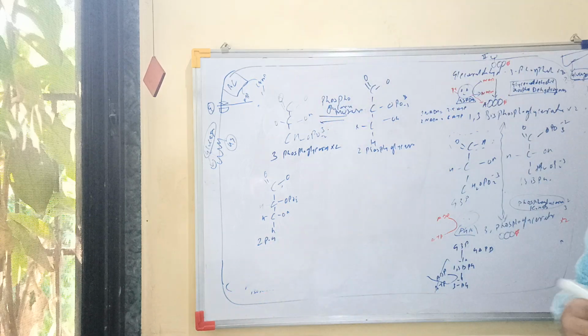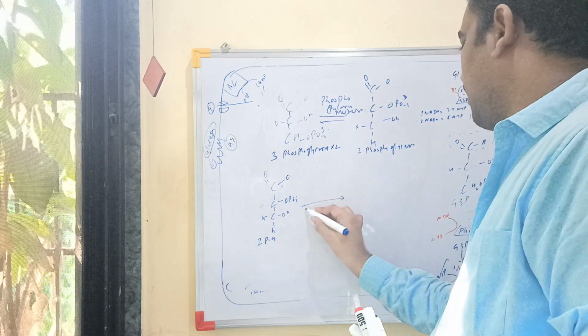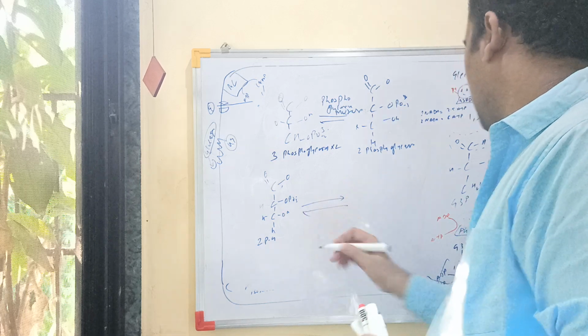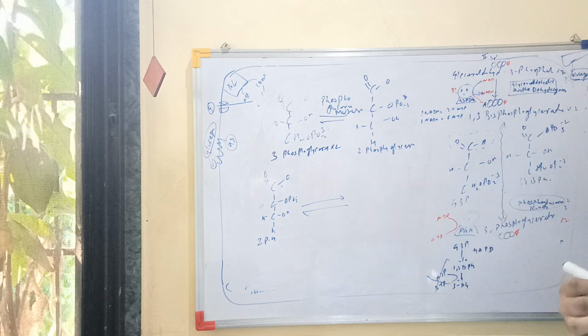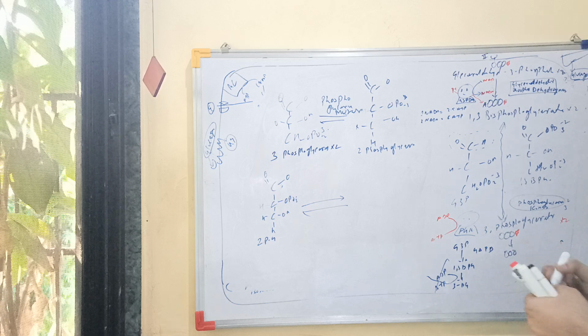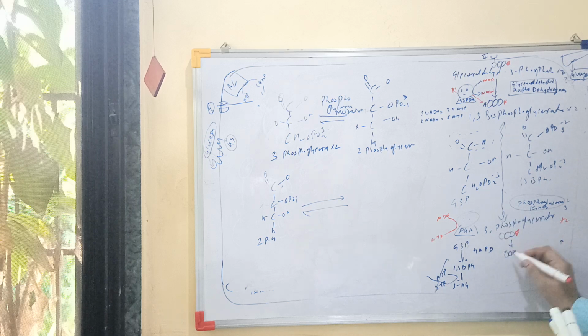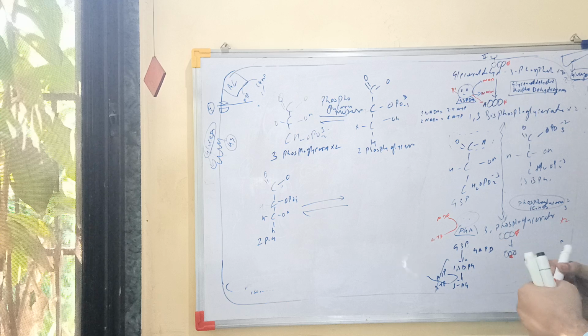This 2-phosphoglycerate molecule was converted from 3-phosphoglycerate, and now we have 2-phosphoglycerate, with the phosphate at the second position.